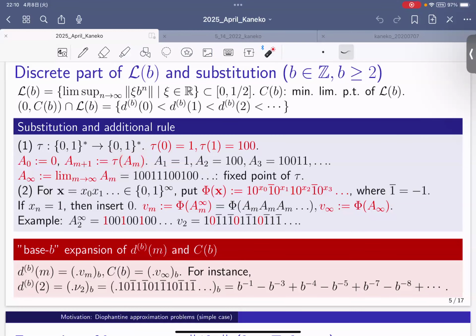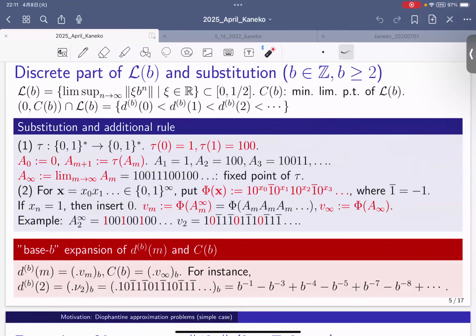For example, A_1 is tau of 0, that means 1. And next, tau of 1 is 100. And A_3 is tau of 100, which is 10011, and so on.